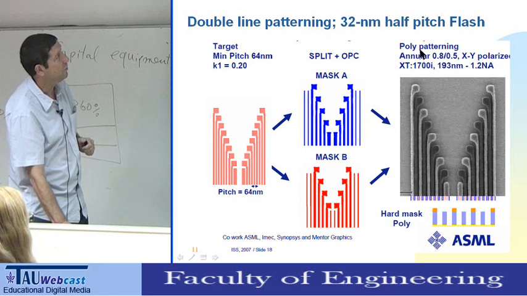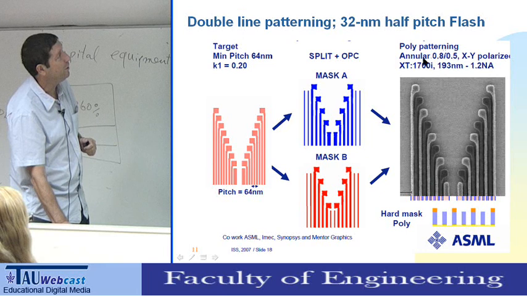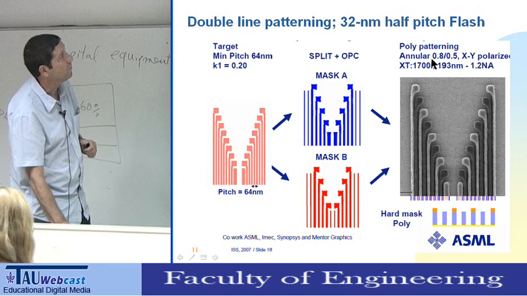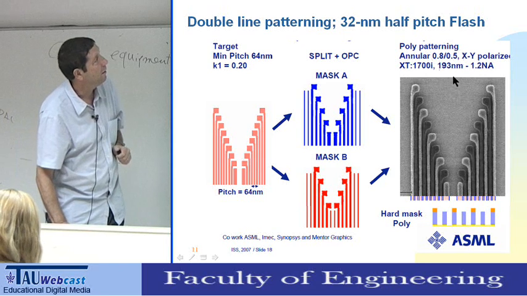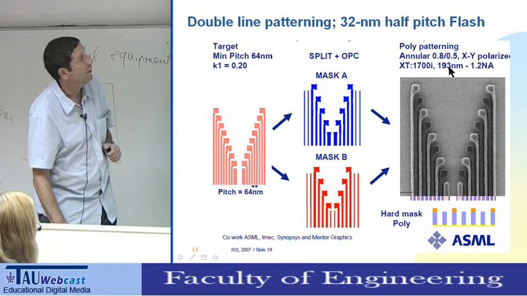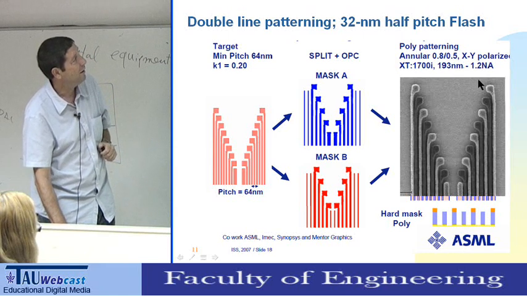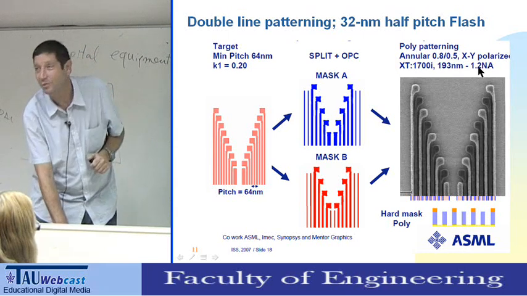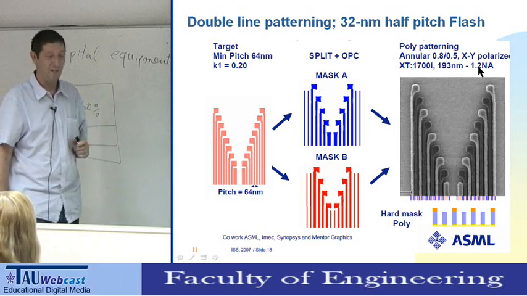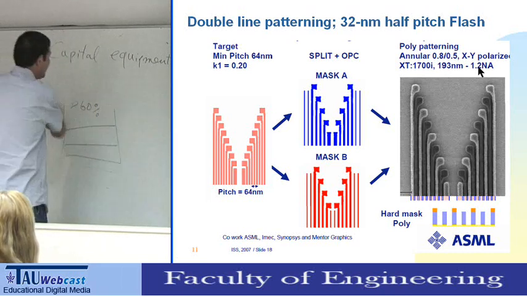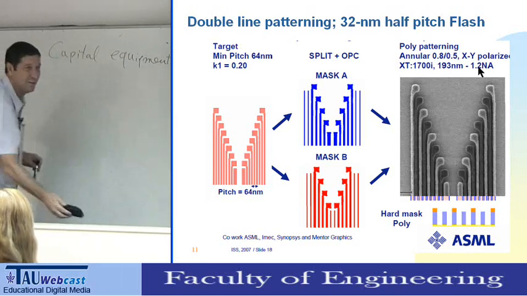This is very nice resolution. This is the poly patterning. This is an annular image, with a 193 nanometer wavelength. And look at the numerical aperture, 1.2. And you can ask me, how can I get 1.2?